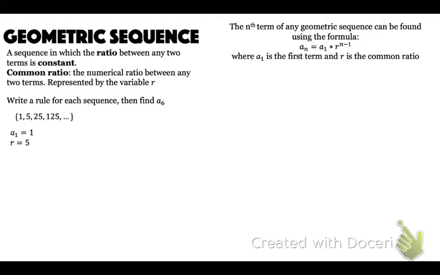For this one, a sub 1 is 1, r is 5, so a sub n equals 1 times 5 raised to the n minus 1 power, which is really just 5 raised to the n minus 1. If I plug in 6, a sub 6 equals 5 to the 6 minus 1 power, which is 5 to the 5th power, which is 3,125.